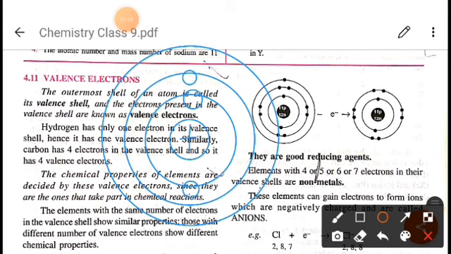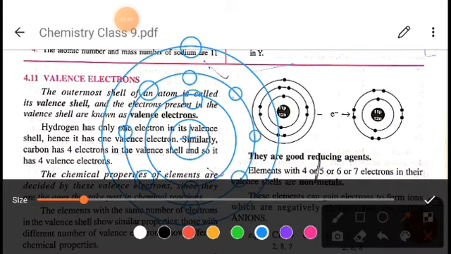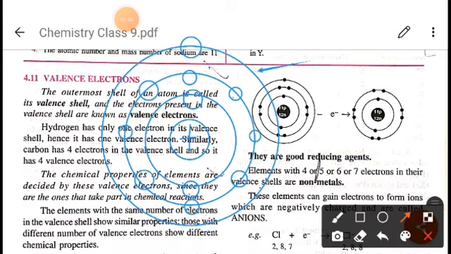After that, one, two, three, four, five, six, seven, and eight electrons here. And here suppose only one electron. So for this atom, the valence shell is what? This one is the valence shell, the outermost shell.